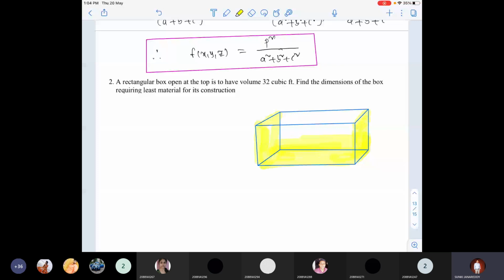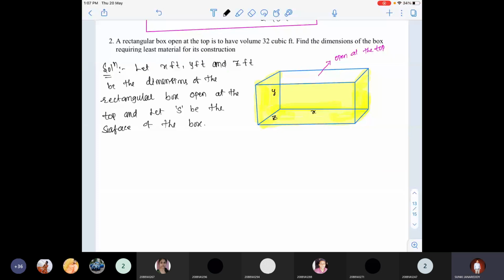Okay, here what is the surface equation? What is the connected condition given? Tell me. Any one of you please tell me, Nana. Surface area is equal to xy plus 2yz plus 2zx. Good, very good. Because here one side is opened at the top.